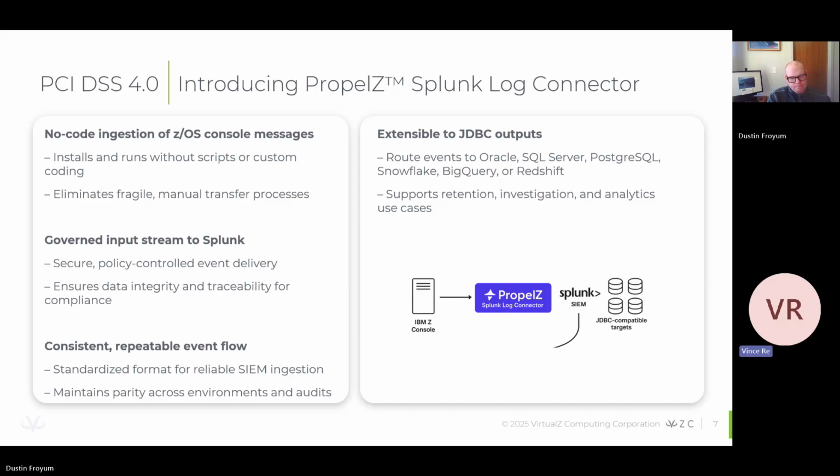Yeah, so you're right, we touched on a little bit of this, but PropelZ is doing what it does from z/OS. So that means it's really governed by your normal security rules. An end user with no particular privileges just can't pick it up and say, hey, let me see all of that accounting data.